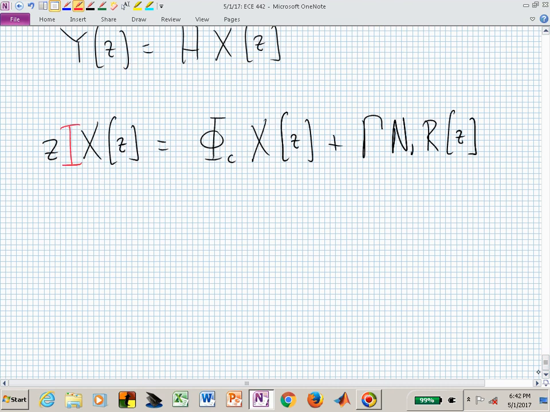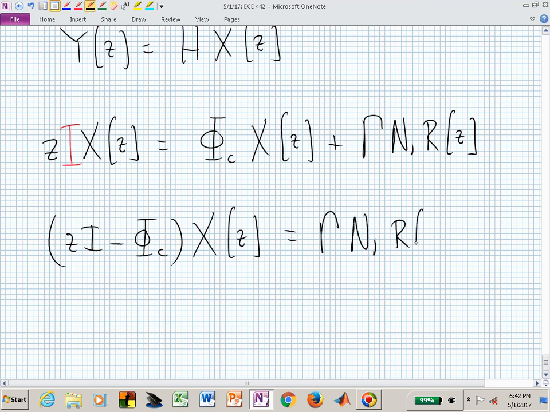And that now allows us to factor things out. Now we can combine these two terms. We have zI minus capital phi sub c times capital X of z, and that's now equal to gamma n sub 1 R of z.